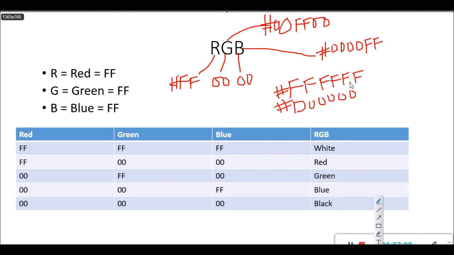These are the 5 most famous colors IGCSE used to give you. What about pink? They will never ask you to do this. If they want you to do pink, they will write it for you, for sure. So maybe something like hashtag 80 80 00.